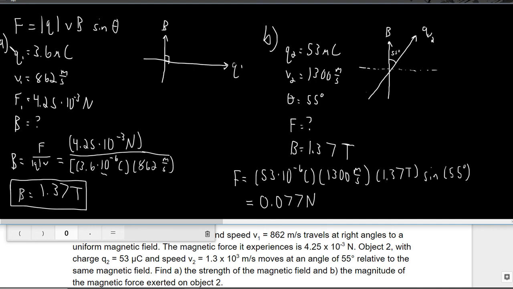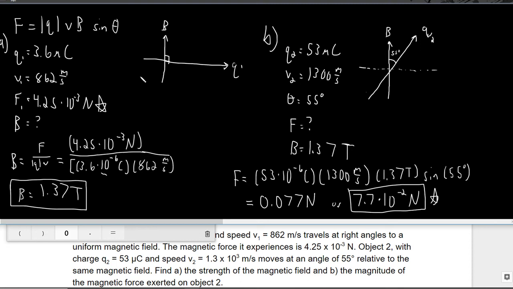Newtons. If I want to compare the two forces, I can write this in scientific notation, so that's 7.7 times 10 to the negative 2 newtons. Now I can see, comparing this number and this number, object 2 had a much higher charge.